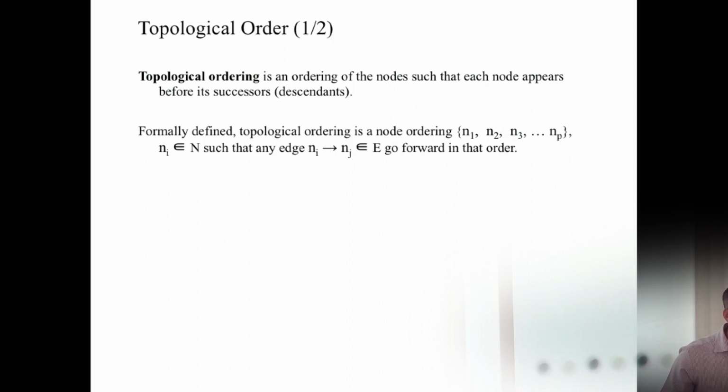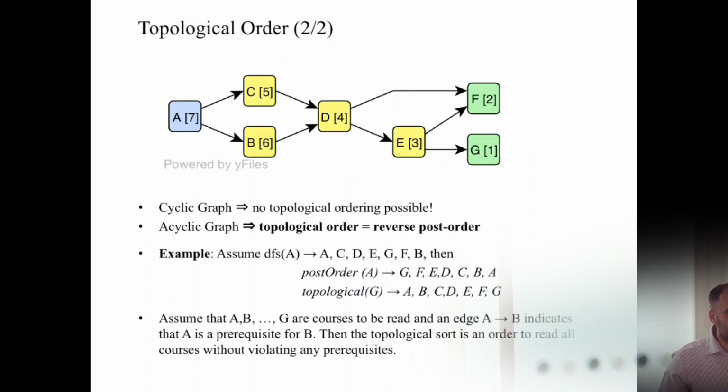And it's actually the opposite of the post order. If you find a post order and sort it in reverse order, you will automatically get the topological order. But the important thing is that for a cyclic graph, you cannot find this topological order, because for a cyclic graph it's hard to define which one is the predecessor and which one is the successor, because they have a cycle.